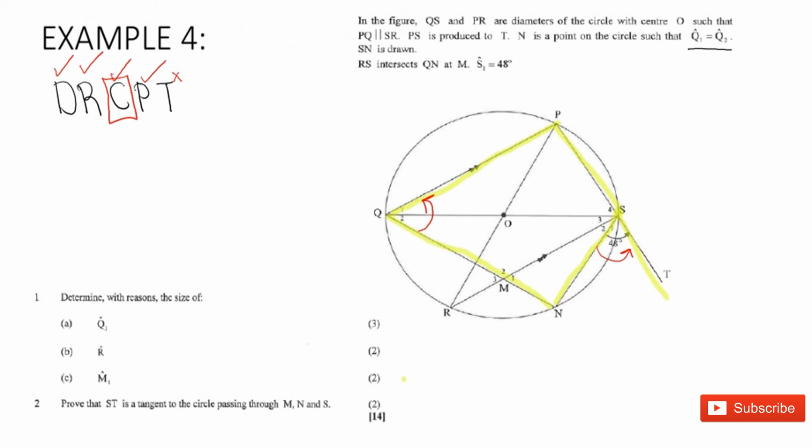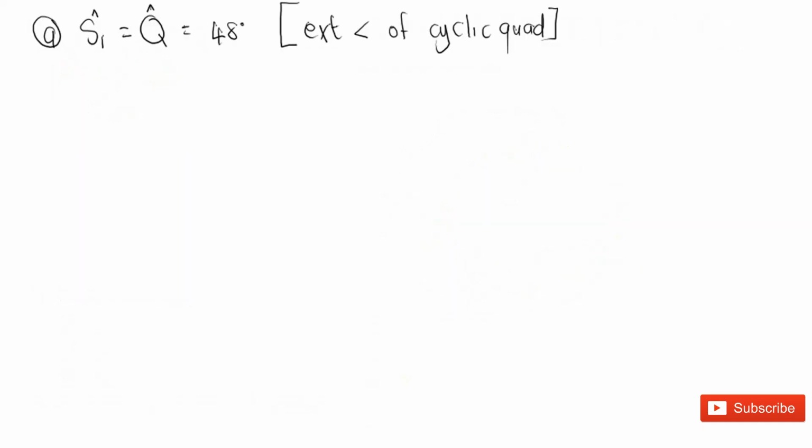We are given that Q1 is equal to Q2. So how is that going to help us? That just basically tells us that whatever angle we have there, that angle should be equal to that angle there, right? So if we already know that this whole angle there is equal to 48 degrees, that means that to get your angle Q1, we just need to take your 48 and divide it by 2, right?